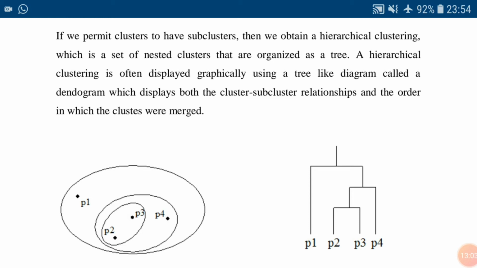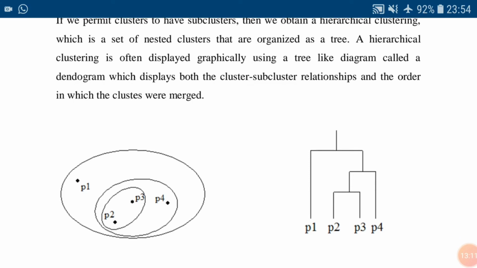Nested clusters means one cluster within another cluster, organized as a tree. A hierarchical clustering is often displayed graphically using a tree-like diagram called a dendrogram, which displays both the cluster-subcluster relationships and the order in which the clusters were merged.